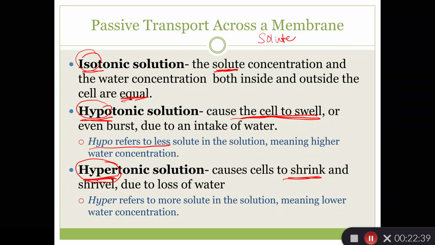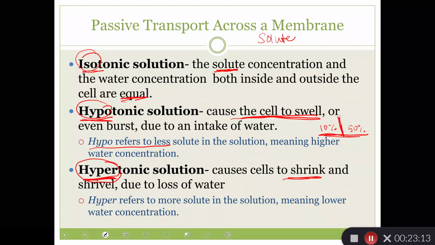Okay, let me show you. Let me draw this out for you. Here is kind of like what we were just looking at. That was like a beaker of water, but they have a membrane in the middle of it. Let's just say there is 50% salt on one side and only 10% salt on the other. We're talking about the solute concentration.